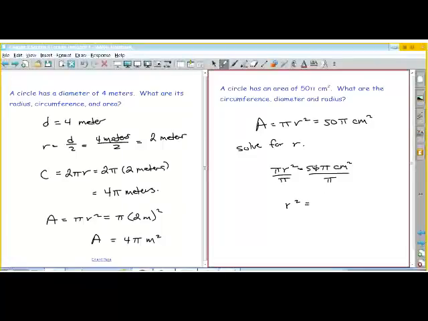Pi over pi is 1, so we get r squared is equal to 50 centimeters squared, and so the radius is the square root of 50 times the square root of centimeters squared. Well, the square root of anything squared is just the original thing, so what we get is the square root of 50 centimeters. And the radius is in centimeters.